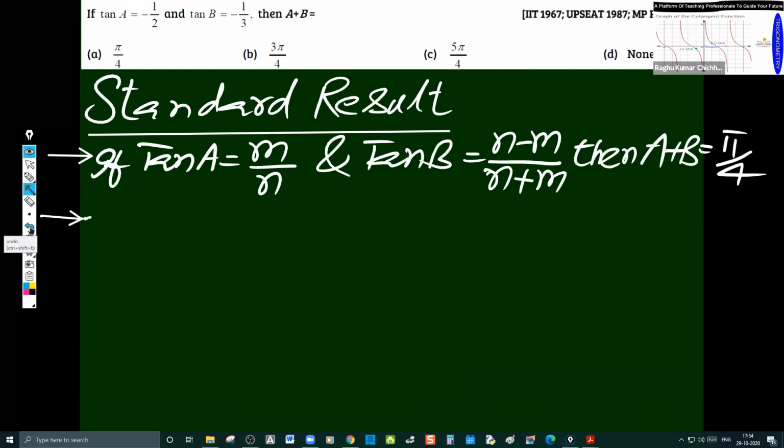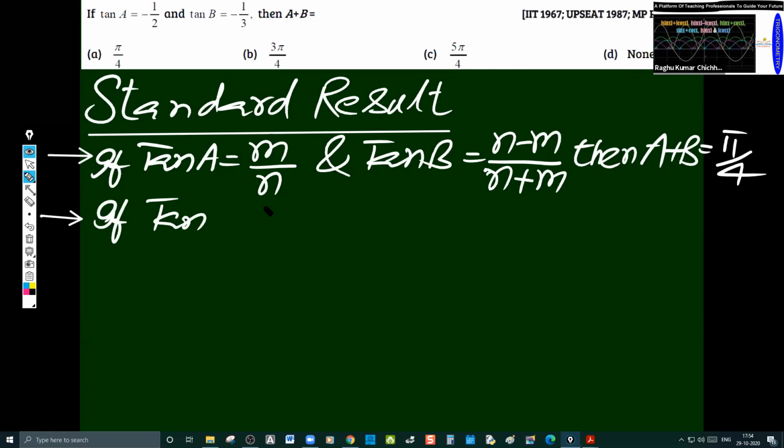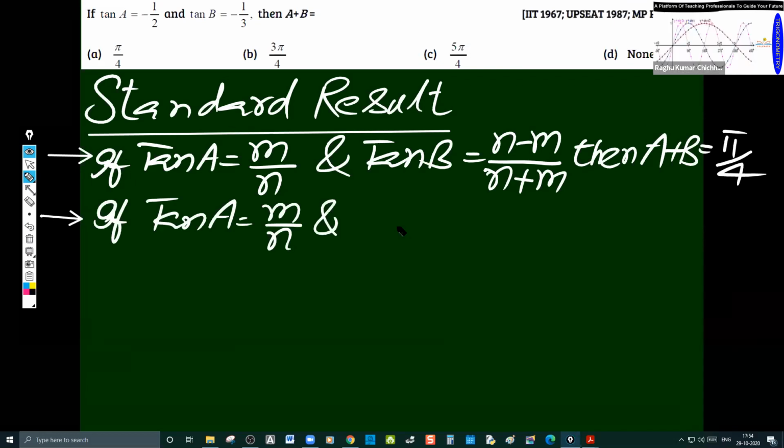See, I'll make you understand this result by forming a question. Next is, if tan A is equal to m by n and tan B is equal to n minus m by n plus m, instead of that, if you have a change of sign like this, m minus n by m plus n.